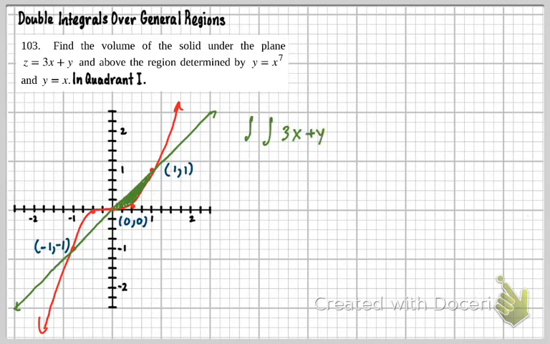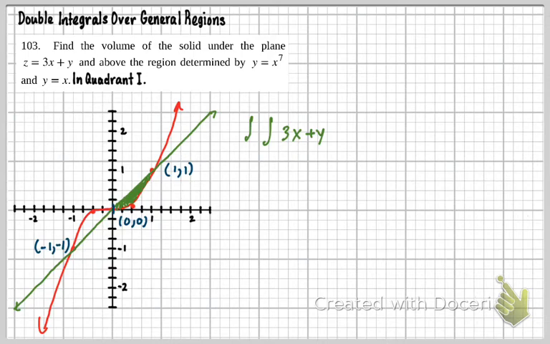Now this is where I have to determine if I'm going to do dx or dy. Now this one I can actually go both ways, but I'm going to explain my rationale for even picking a method in which to do this. So what I look at is, is there a clear upper and lower function for these? So what I mean by that is when I go from 0, and I always look in the x direction first.